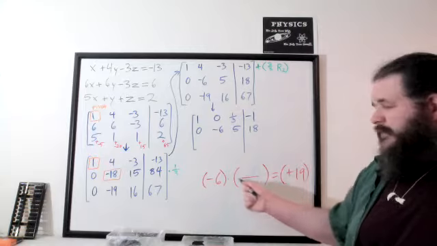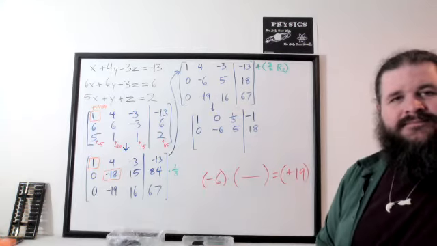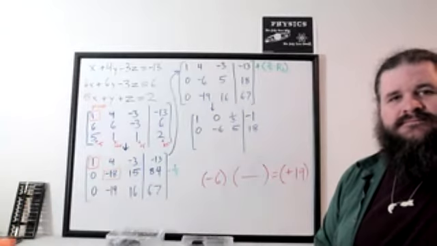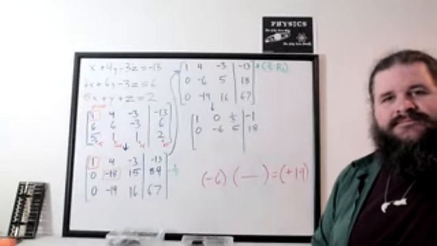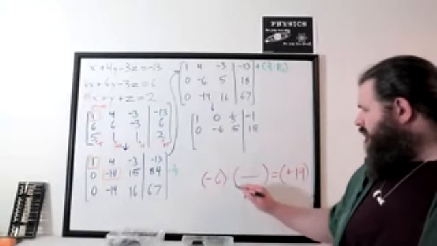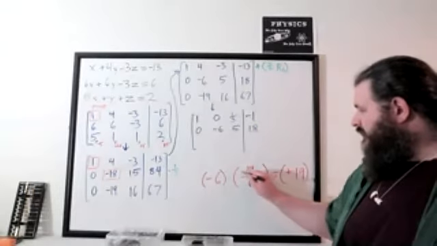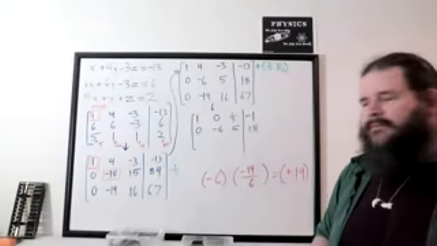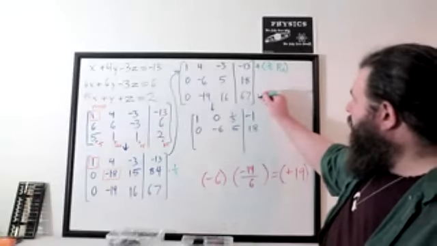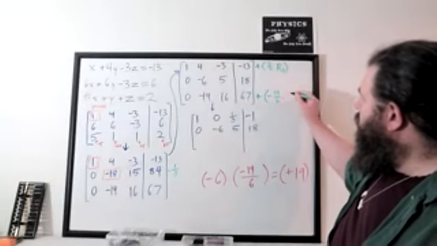What fractional multiplier will turn a -6 into a +19? It's just -19/6. Yeah, because we want to cancel out the 6. We want to introduce a 19. We also want to change the sign, so -19/6 will work. So that means we're going to have to modify row 3 by adding -19/6 times row 2.